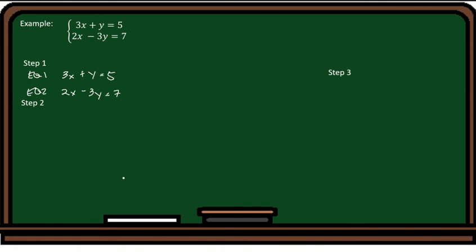Step 2 rather, we will eliminate one of the variables. To eliminate one of the variables, we will decide which variable. Now, to decide this one, titingnan ninyo ano yung pinakamadaling bigyan ng opposite number or opposite coefficient. So, titingnan natin yung x. We have the coefficient 3 and coefficient 2.